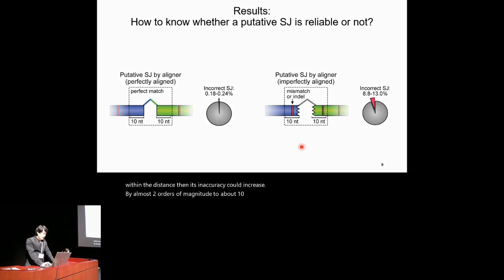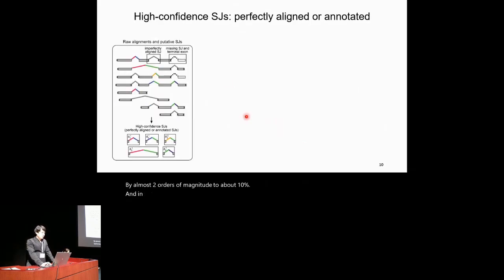And in the raw alignment output by the mapping tool, we can easily find these perfectly aligned splice junctions, which are labeled here as colored connections. By merging them with the annotated splice junctions, we can obtain a high confidence set.